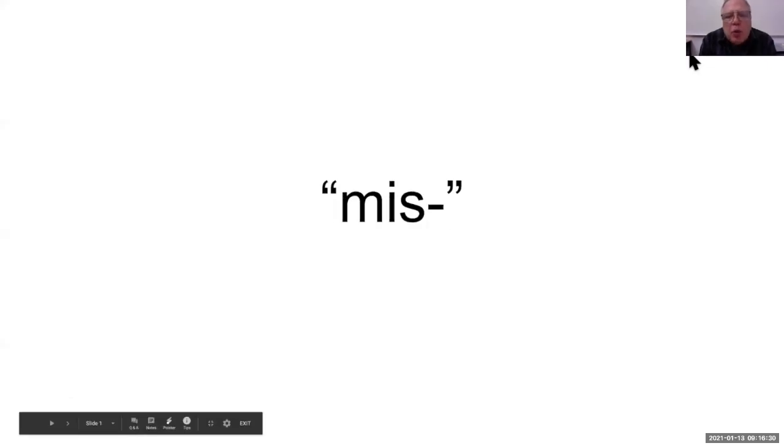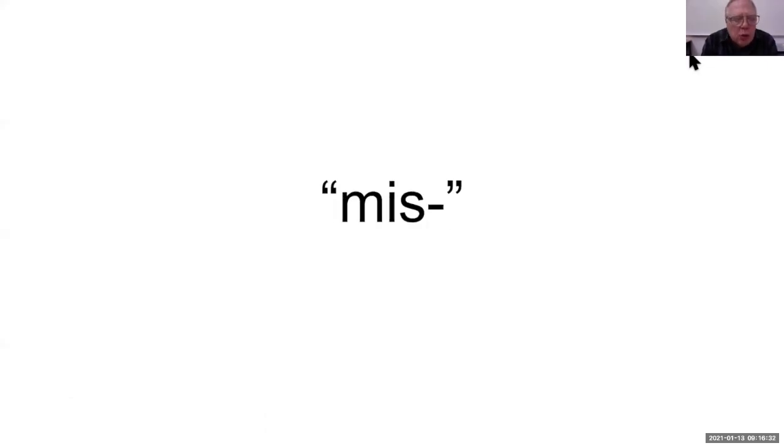We looked at the prefix. Prefix is a word that we need to know, but it's a syllable that's put at the beginning of the word to change its meaning. And we looked at the prefix MIS, or miss, this week.